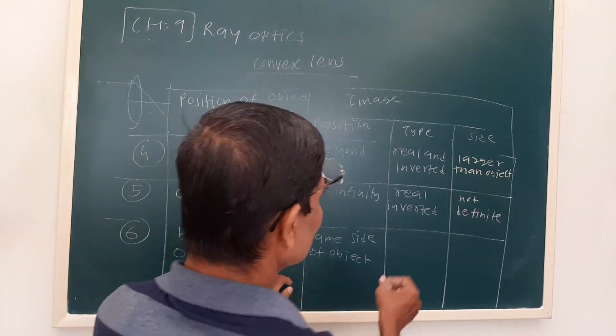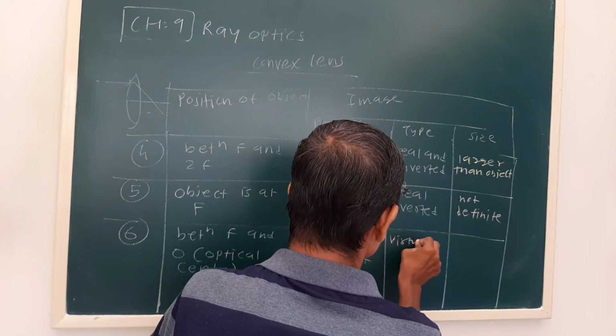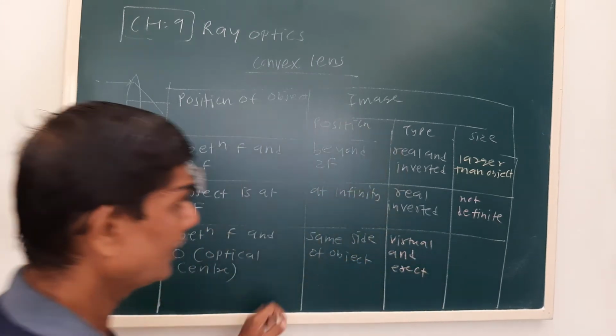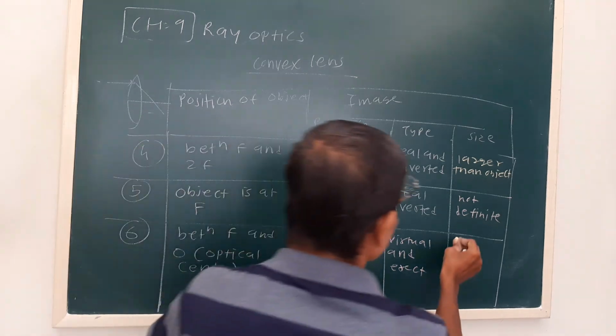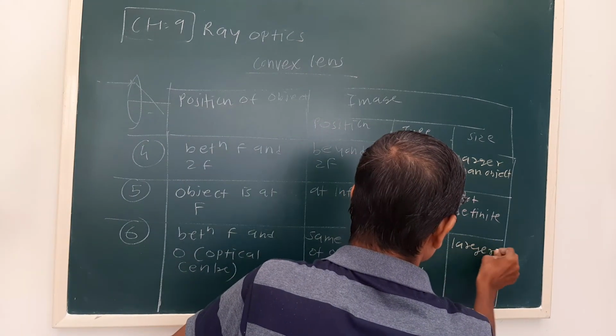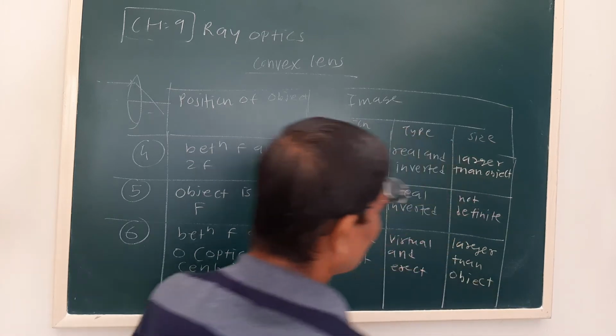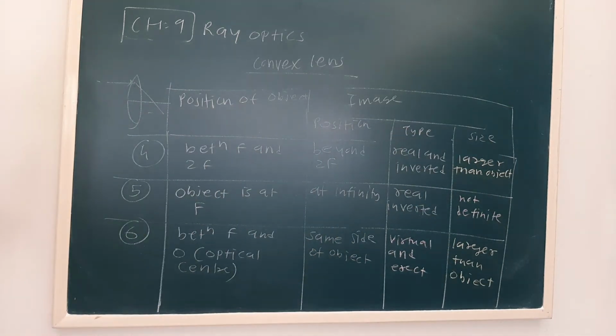See, in the first 5 cases, the object and image were on opposite sides of the lens. Here the image will be on the same side. It will be virtual and erect, and the image will be larger than the object. So in a convex lens, we get a larger image.